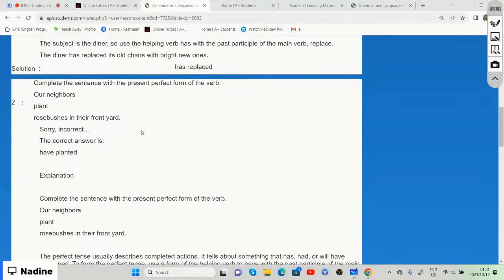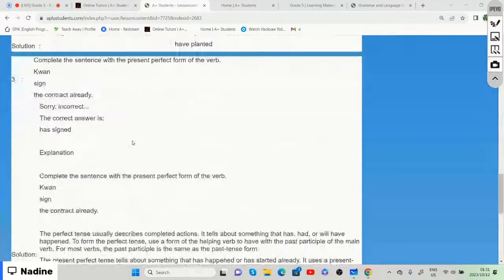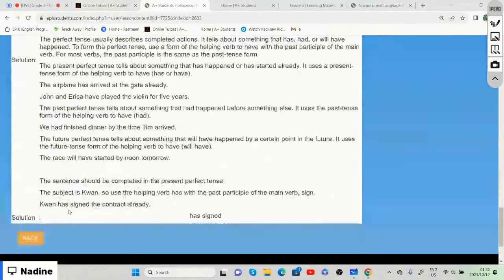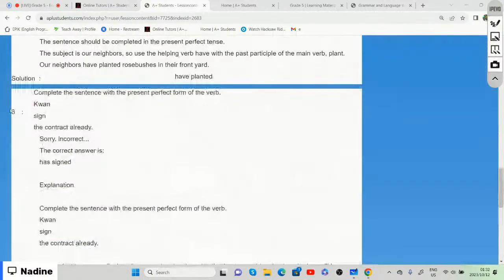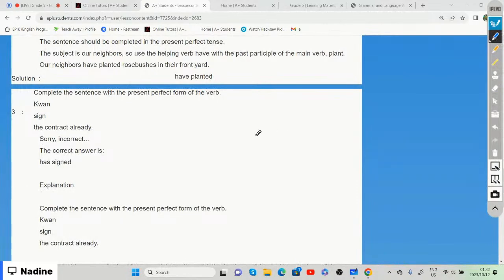So the first one was have planted, but we already did that one.